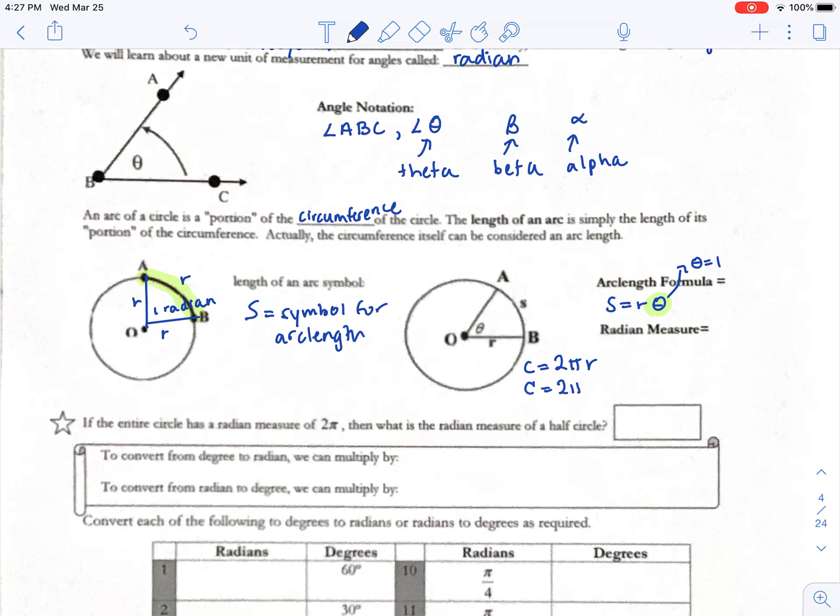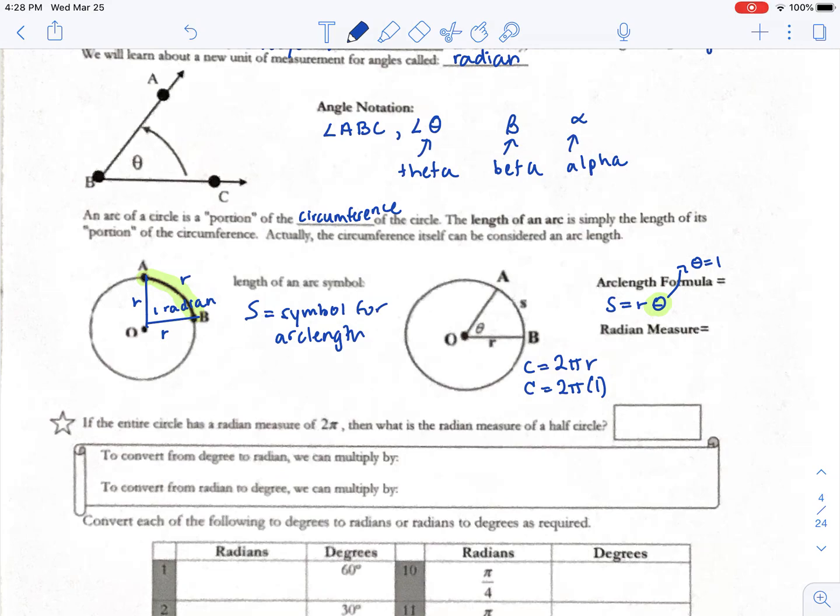If I substitute that radius of 1 into the formula, I get that the circumference is 2 pi long, or the arc length itself is 2 pi. So the arc length of the entire circle is 2 pi, which is equal to the measure of the central angle from what you remember from geometry.